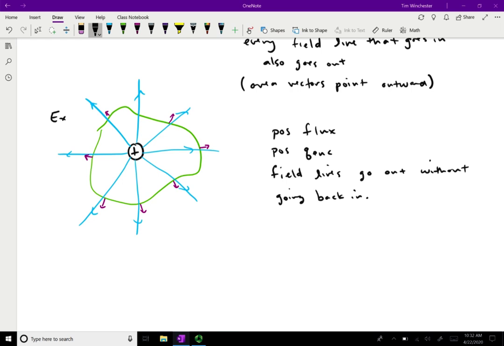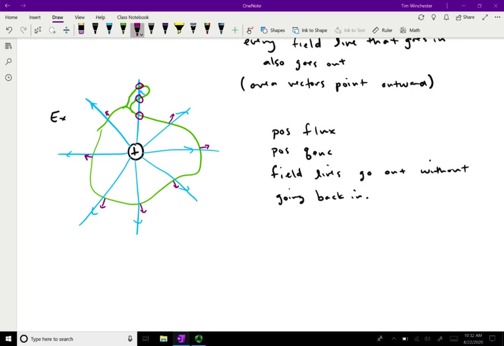Okay, and even if I made little loop-de-loops in the surface, like let's say I changed this one so that it kind of looped back around like this instead, well, even for that case, we're still going to have that field line goes outward here, and then inward here and outward here. So for that field line, it still goes out more times than it goes in. So that's still going to contribute a positive flux altogether.